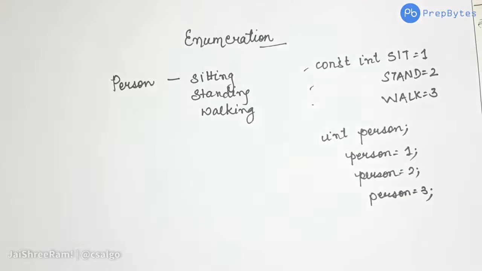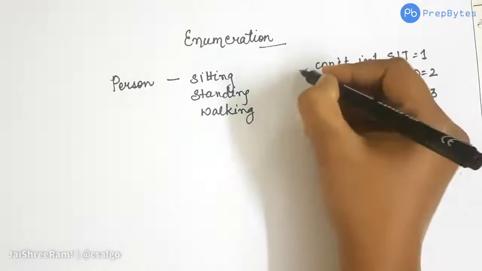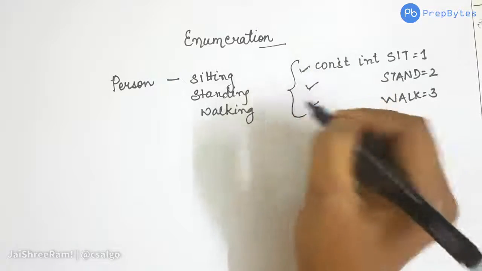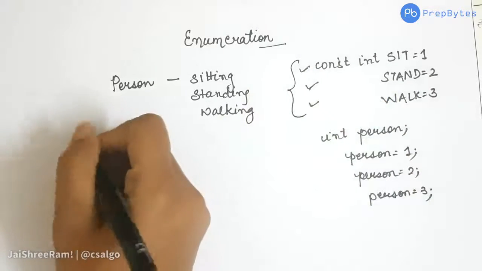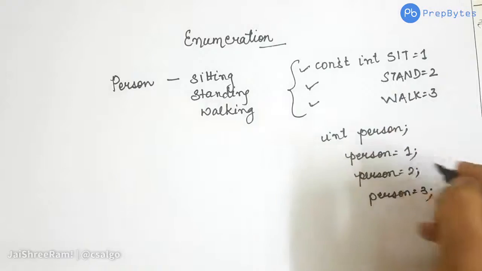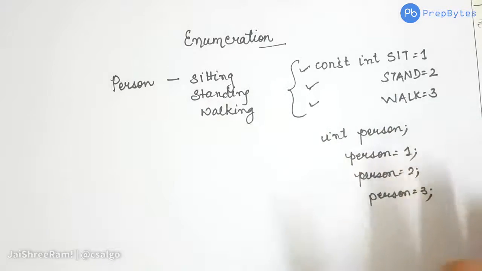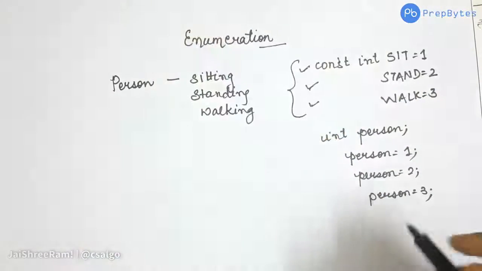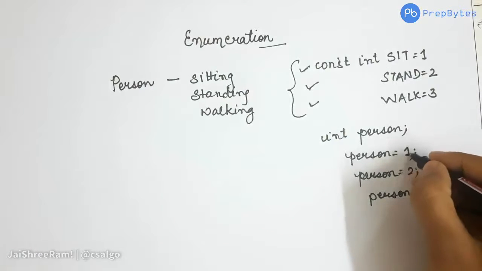So now there are several things here. Number one, you have to maintain three different constants. Another point is that, let's say you have a very big program and the declaration is here, and this is where you are putting person equal to 1.